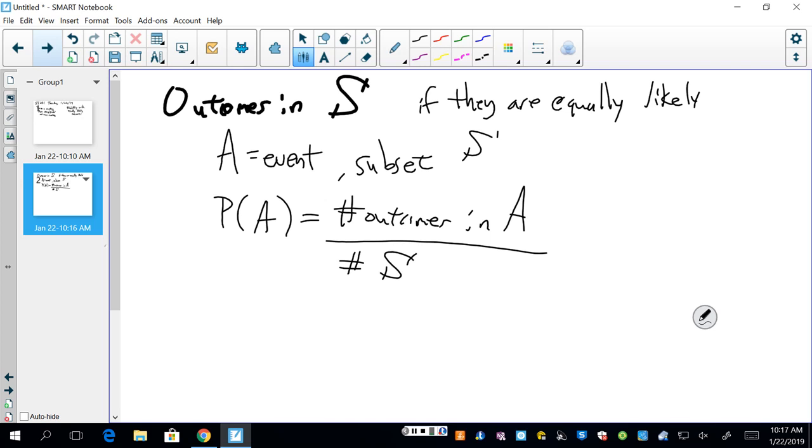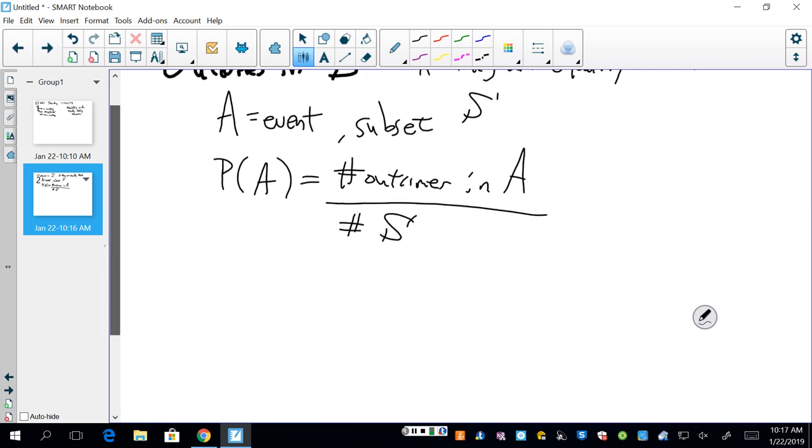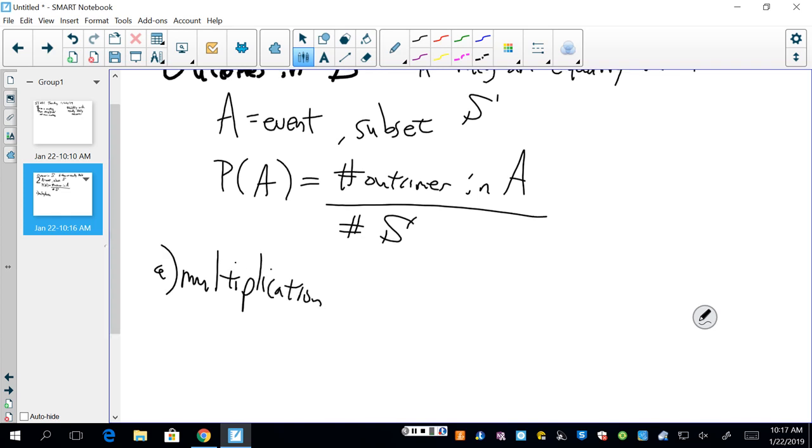We had a few rules that helped us with counting. The first essential one was this multiplication rule, that if you're having two separate things and any possible combinations of those two things are possible. So we call this the multiplication rule. The book calls it a fundamental rule, but whatever.